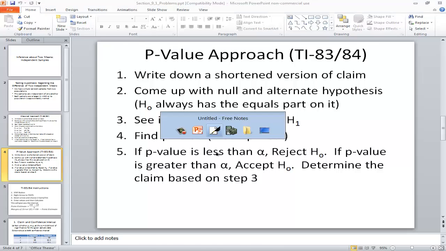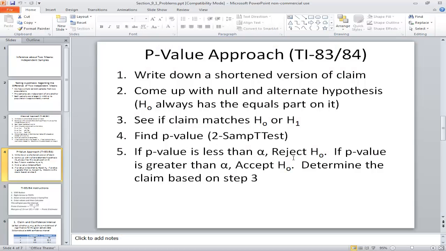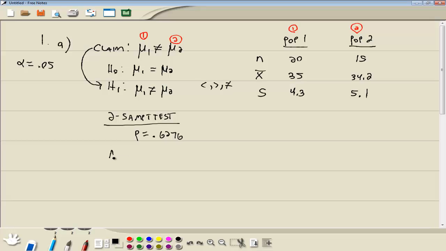If p-value is less than alpha, well, alpha is 5%, and p-value is like 62%, 63%. So it's not less than. If p-value is greater than alpha, it says accept H0. So for a conclusion, we'll accept H0, which means we'll reject H1. And since our claim matches H1, whatever we say about H1 is what we say about the claim. So we'll reject our claim.